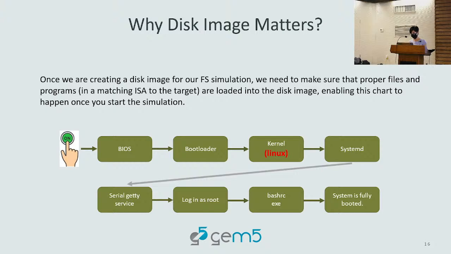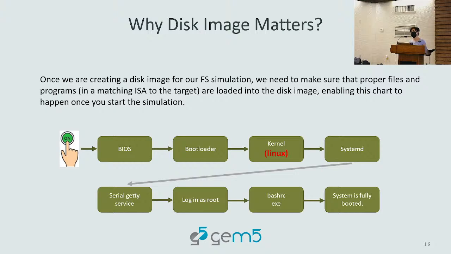Okay. Let's see why this image matters. Why did we decide to go through all of these steps? The important thing that I want everybody to understand here is that there are a lot of programs and data that are executed here, and most of them are actually accessed through disk.